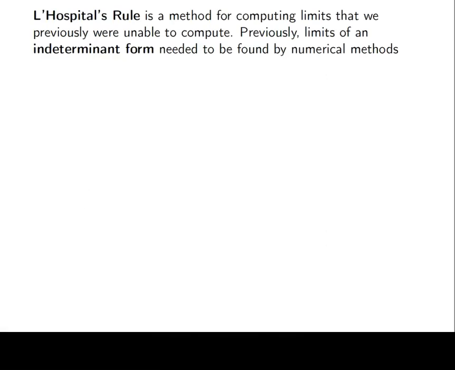But in this video series, we've only done one or two numerical methods for looking at limits, approaching from the left side and the right side and making sure that as the average rate of change got smaller and smaller, the left side and the right side agreed to the same number. So that's the numerical method.